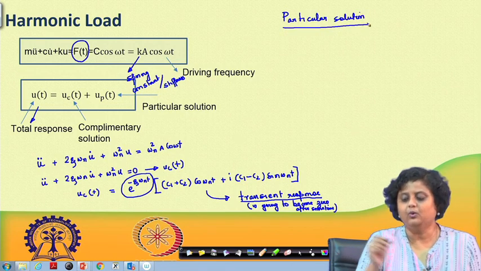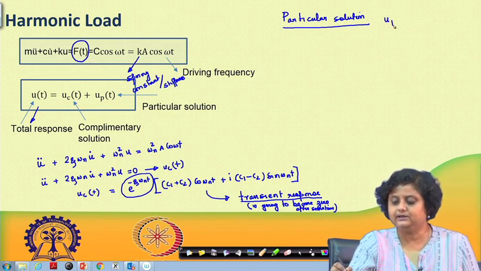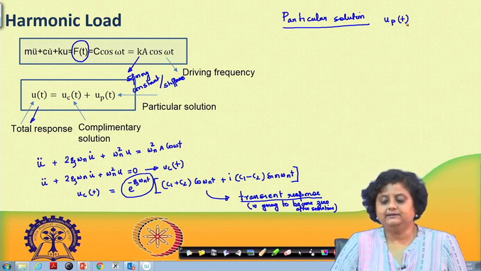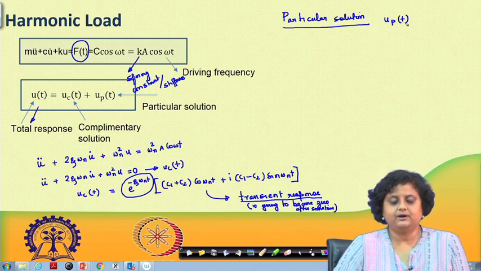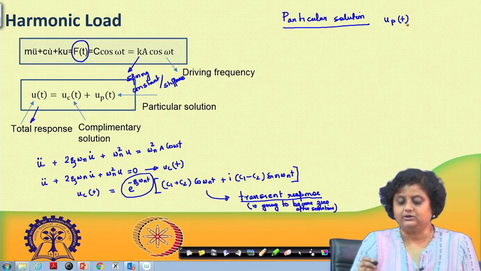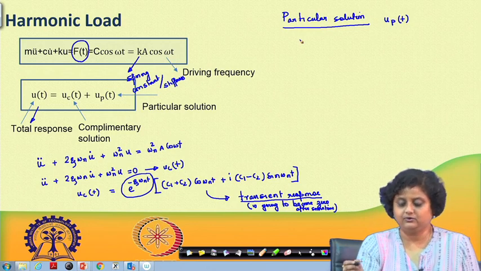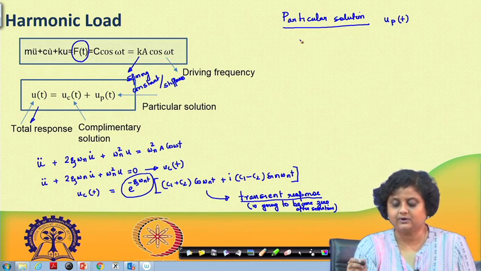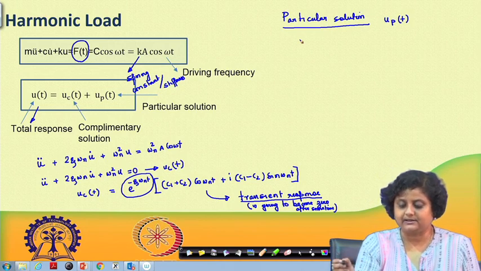Our next job is to find out u p t. We have all seen or know how to find the particular solution of an ordinary differential equation, so I will not get into details of it. If you want to revisit it, you can always follow any higher engineering mathematics book.